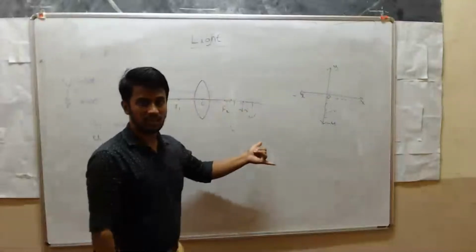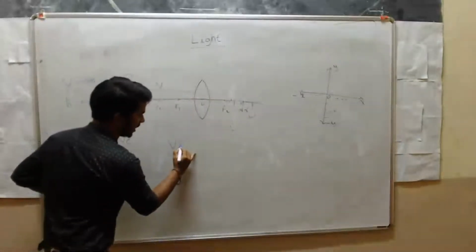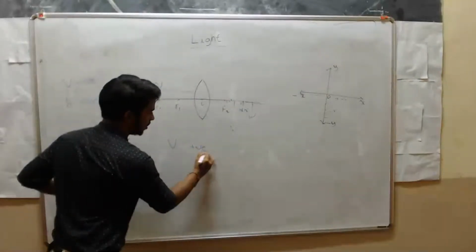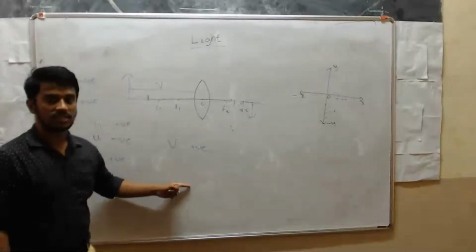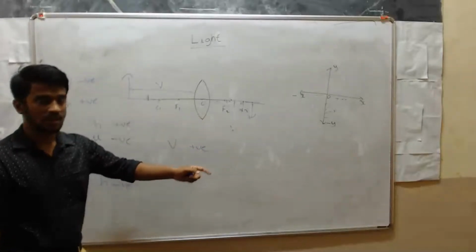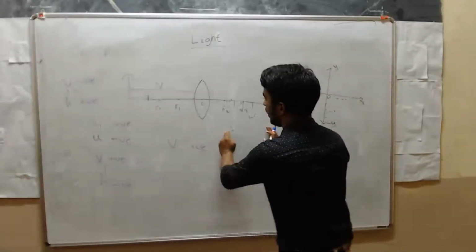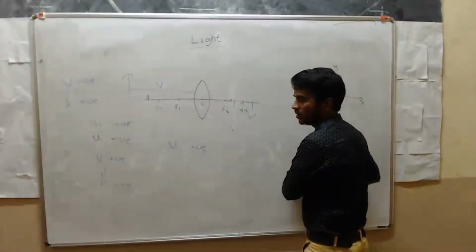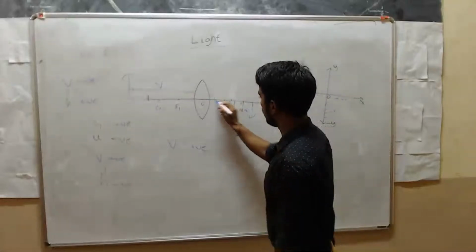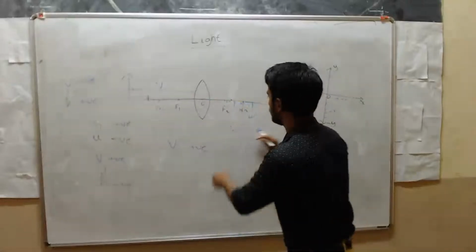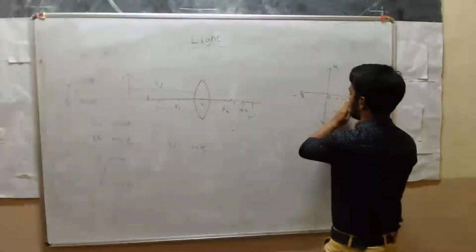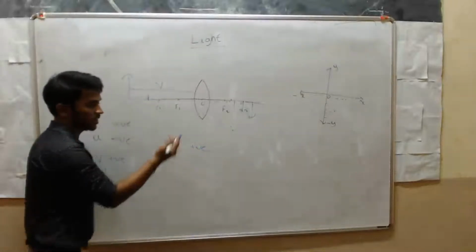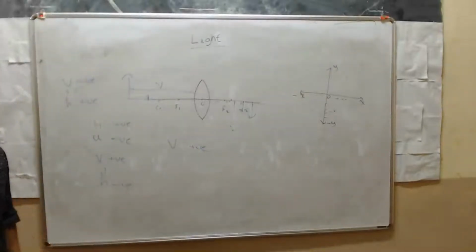So clearly we can say that if v is positive, then the image is real, because we obtained real images at F2, between F2 and C2, behind C2, and at infinity. On this side all the values are positive, because we compare these distances with respect to the positive x-axis. So if you obtain v values in positive, then clearly that image is real.